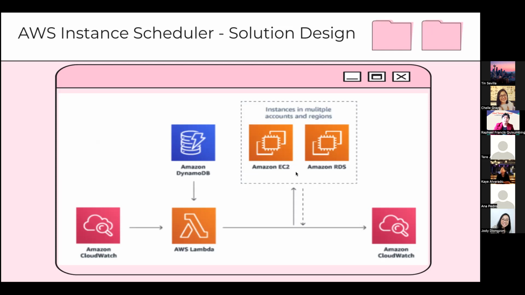So for example, I decide these EC2s and these RDS must be stopped during nighttime because no one's going to use them because they are developer or QA. Then I can use this simple set of tools to shut down and turn on my set of EC2 and RDS instances. So this is a sample solutions design.